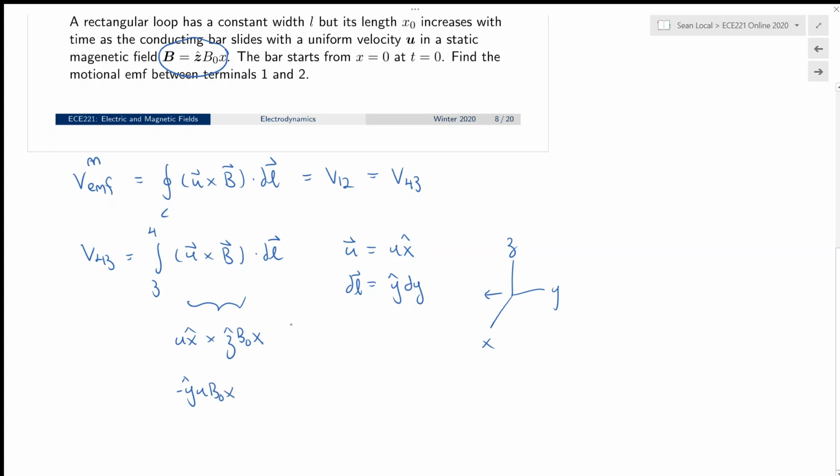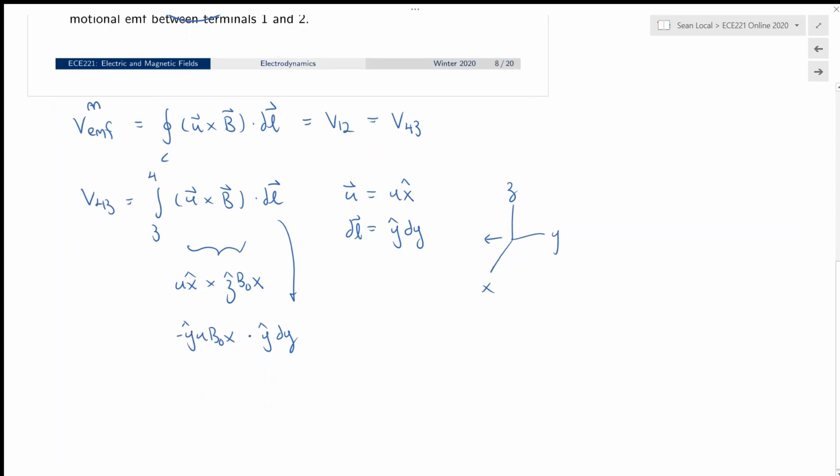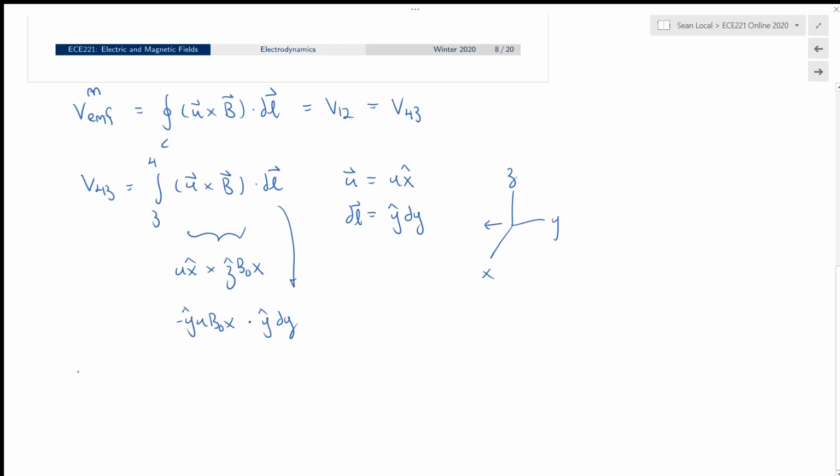And then we're going to take that and dot that with dl, which we identified as y hat dy. So the dot product would disappear because we have two y hats, and we are now free to carry out this integration for the bar voltage. So we're going to integrate from point 3 to point 4 this quantity, minus u B naught x dy.